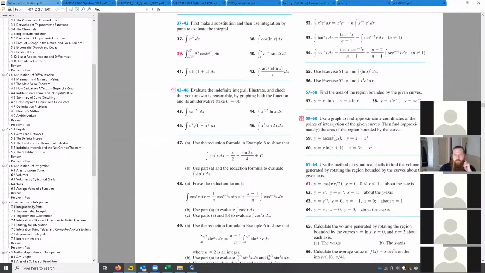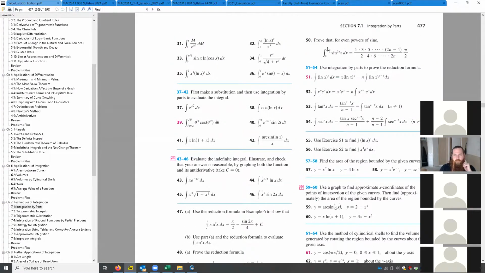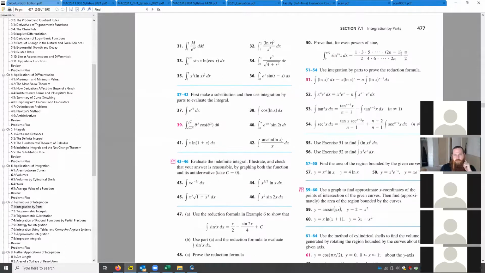And then this result that you're able to get over here, that if you integrate sine raised to an even power from 0 to pi over 2, you get this really neat shaped product with pi over 2 at the end. And this is a fun way to compute pi, through doing things like this.